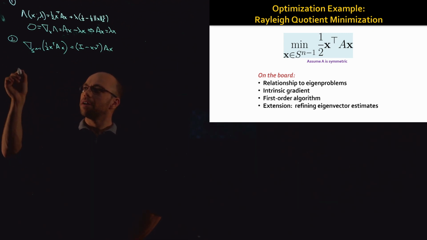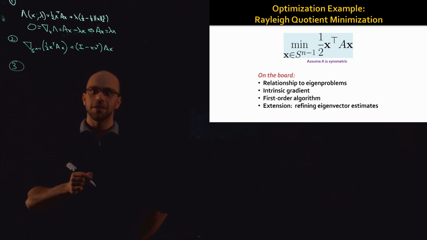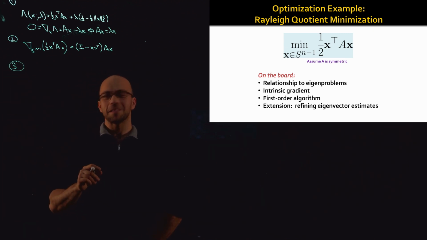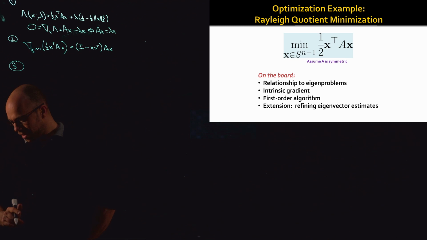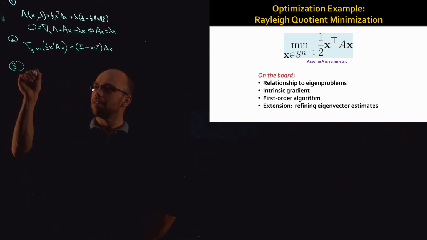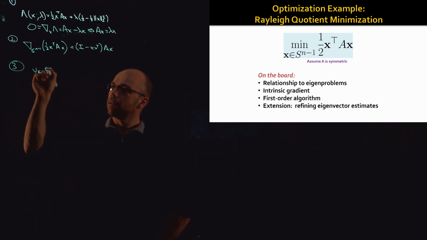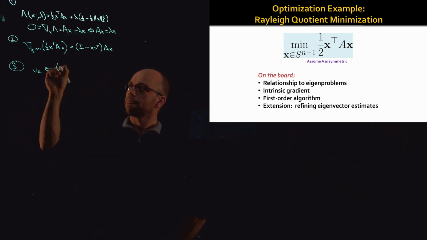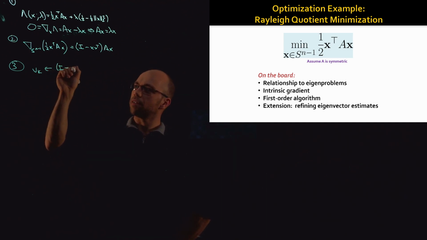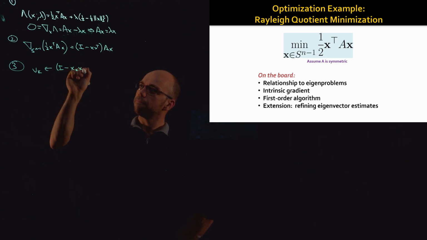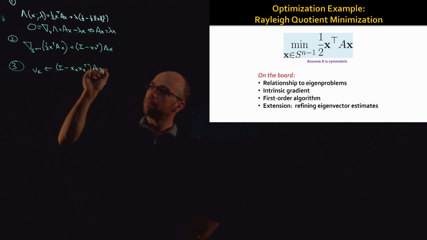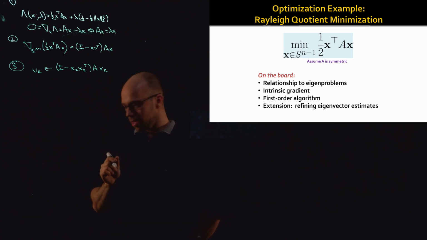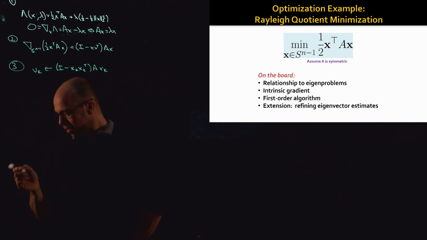So if I want to write down a first-order algorithm for optimizing this particular problem, it's pretty straightforward. I have 2 options. I can compute v_k, which is the current intrinsic gradient. And now to get the next iterate, I have 2 options.